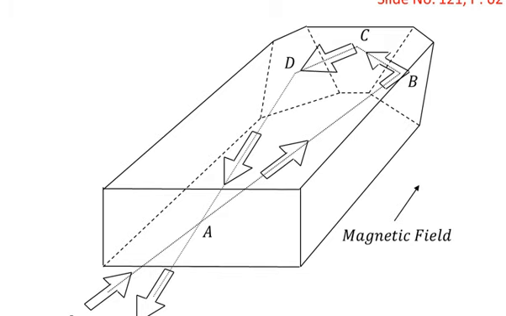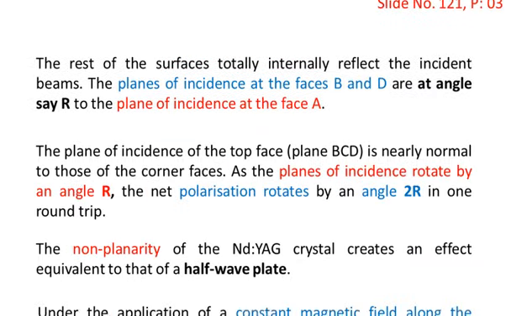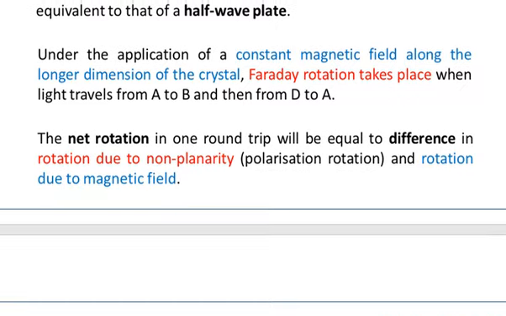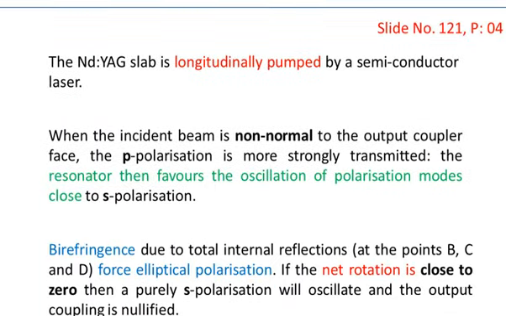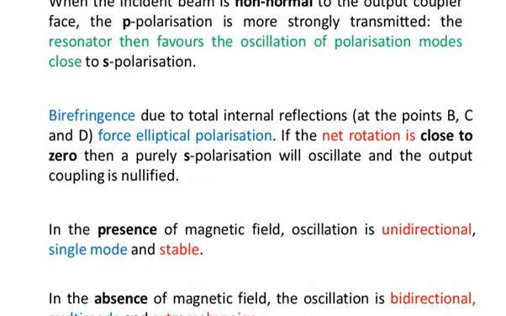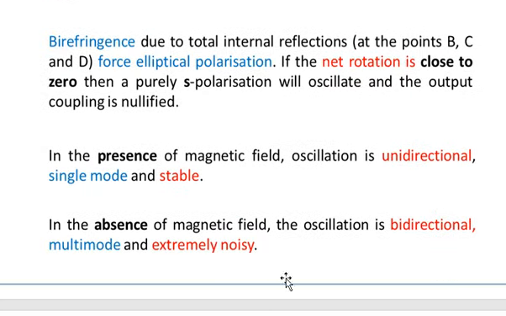So it is the magnetic field that provides us the opportunity to control the polarization of the beam inside the cavity and allow unidirectional propagation. So in the absence of the magnetic field, the oscillation is bidirectional. When it is bidirectional, then of course multi-mode is an evident feature, and extremely noisy.